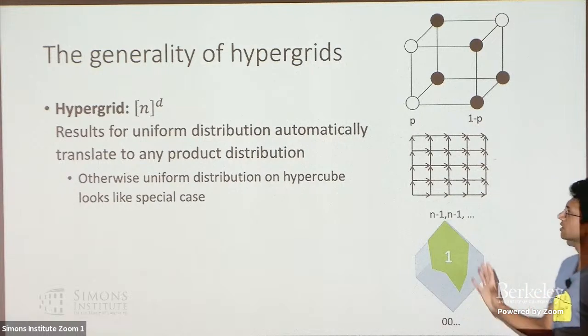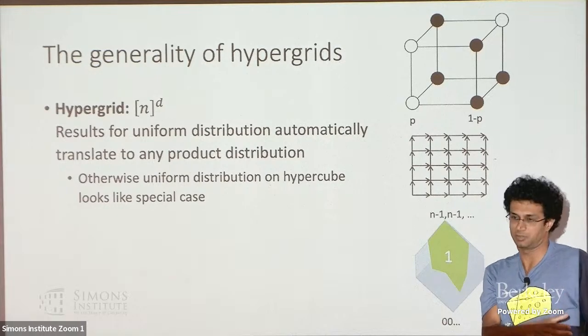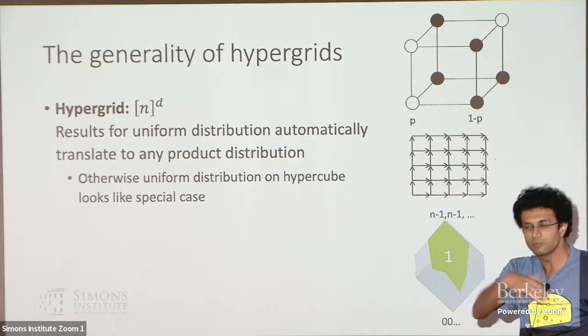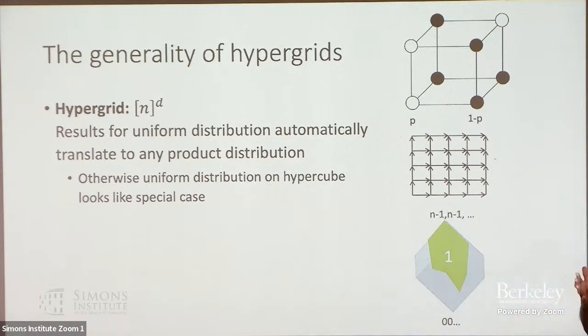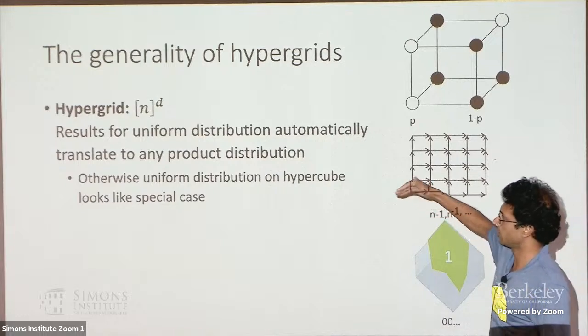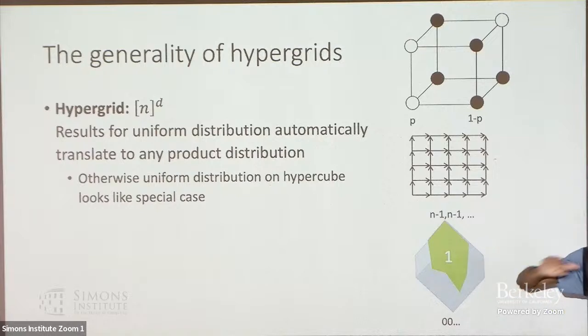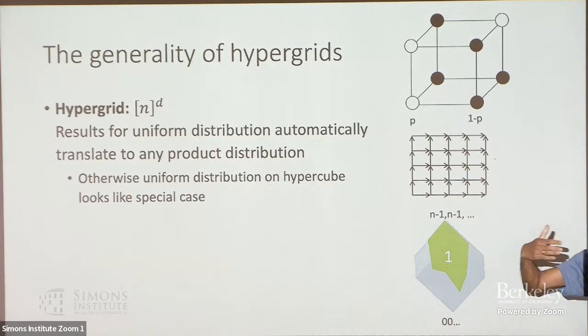So if you take uniform distributions on the hypercube, that's the standard setting. But if you take non-uniform product distributions, you can convert that to a uniform distribution over a hypergrid, which you can imagine just by doing some sort of precision games. So what's nice is that when you have results on the uniform distribution for hypergrids, you actually have results for any product distribution on the hypergrid, sort of automatically.